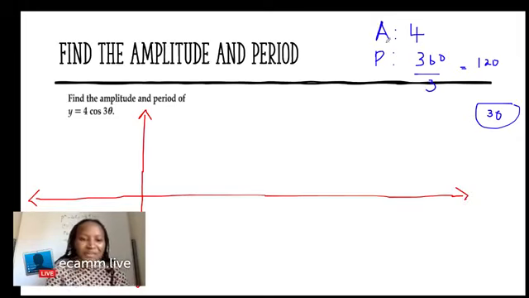So I said my period is 4, so I'll just try to put 4 up here and then negative 4. The pattern will be the same, just that now I'm starting at 30 and I will go on in multiples of 30.